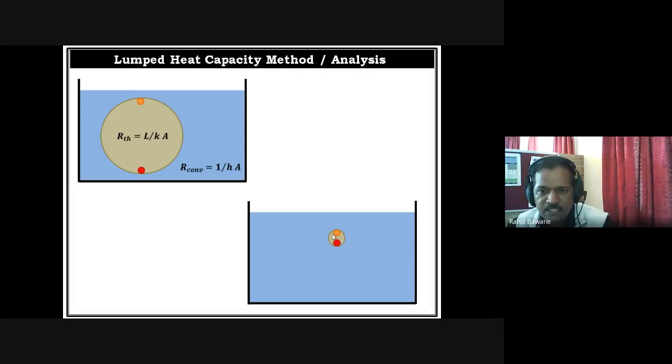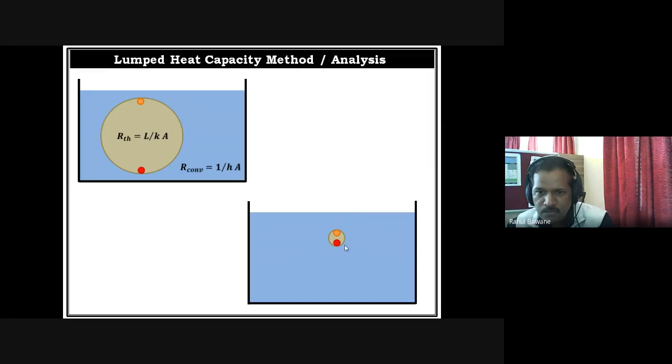Why? Because it has so small a mass, it rapidly dissipates heat and reaches the same temperature all over the surface of the sphere. But if the mass is larger, then the condition will be different. At different points, the temperature will be different.